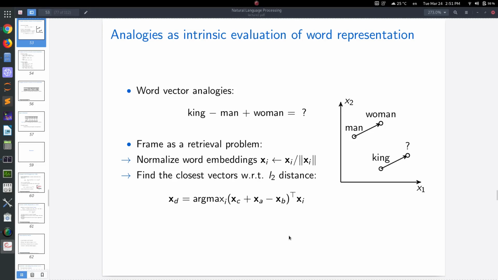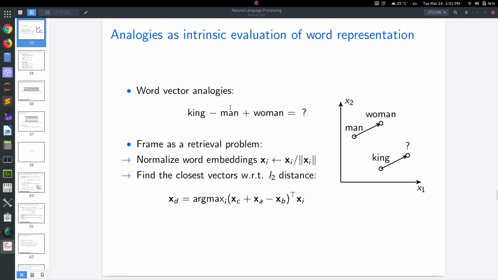So suppose we have the word vector of king and the word vector of man and the word vector of woman, and we need to find the word vector that's the same distance away from king. So we can use the information of man and woman to give this information to king in order to find the missing word vector.